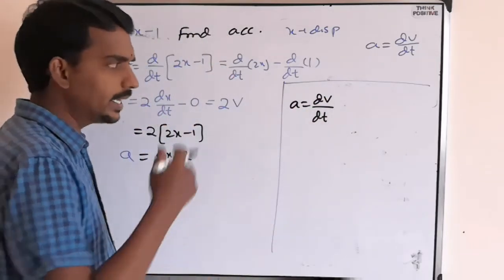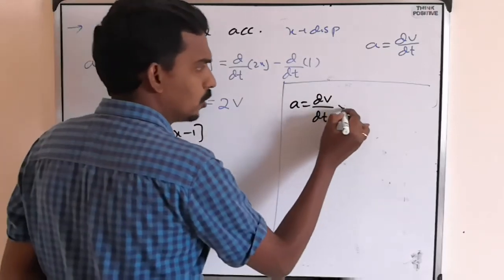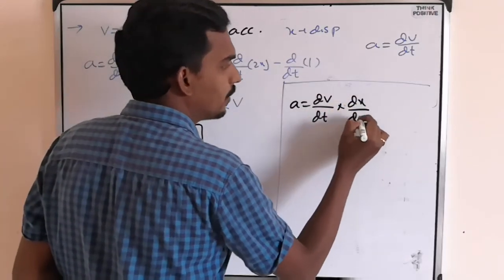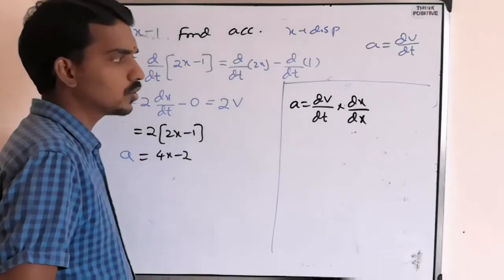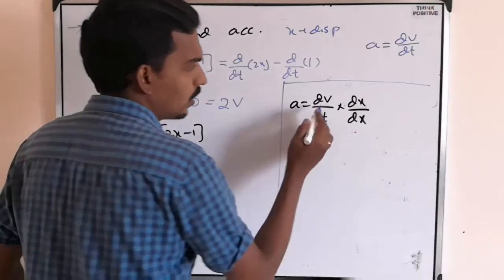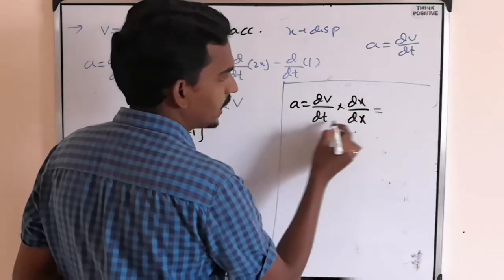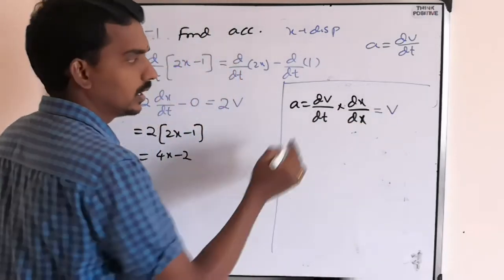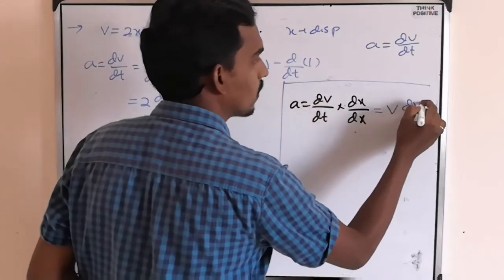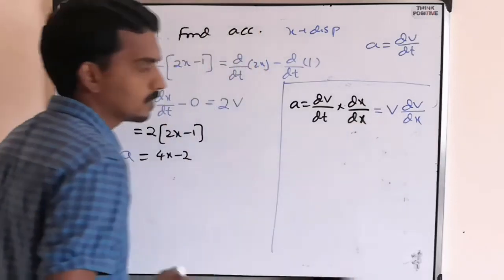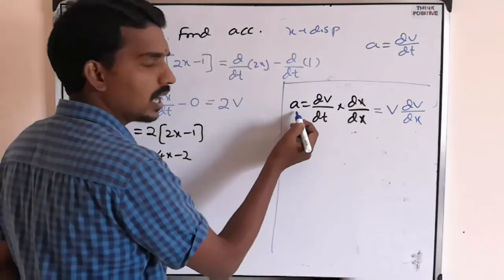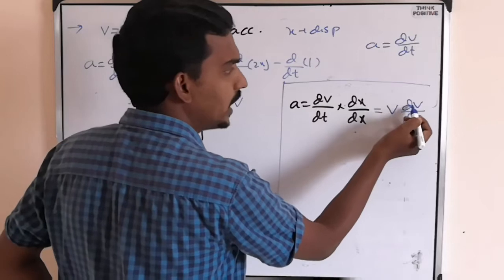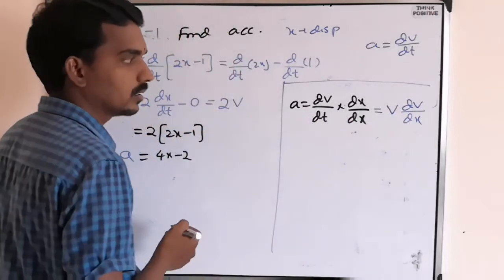This is the technique of manipulation I am telling: you multiply with dx and divide with dx, because no change happens. Now dx by dt, that is v. Then dv by dx. So acceleration you can also write as v dv by dx.